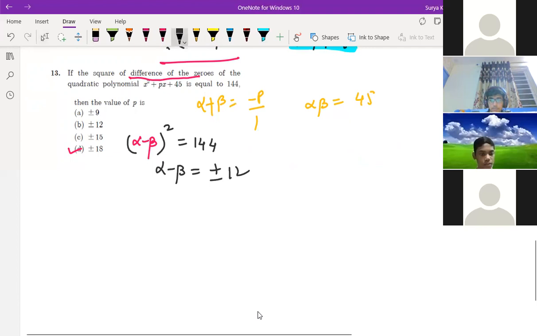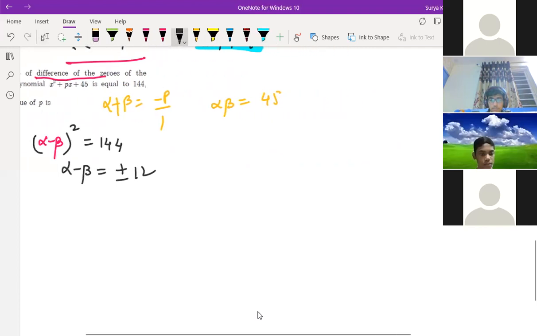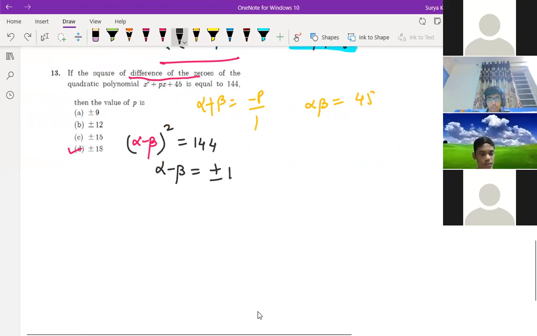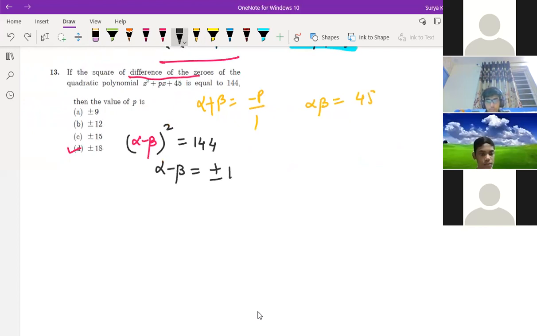Yes. Then you have to find the value of p. So how to find the value of p over here? Then alpha plus beta whole square minus 4 alpha beta equal to 144.